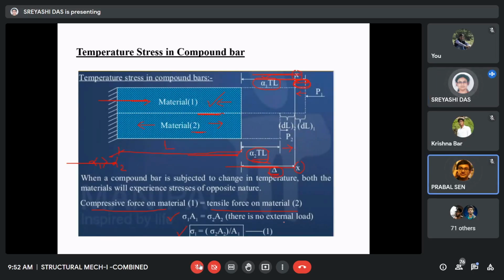Here you have seen that one part is fixed, so for this case it will be straight. But where you have seen the bending in class 12, there both ends are free. So this is the stress.